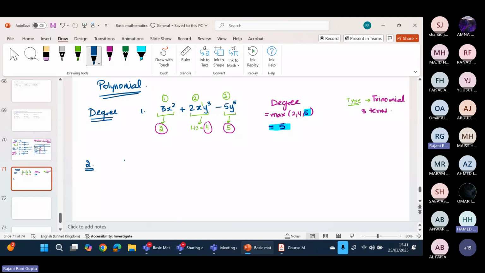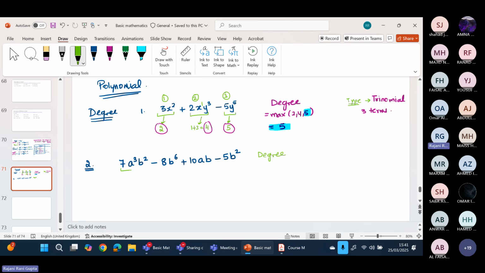Let me take another question. Say you have 7a cube b square minus 8b power 6 plus 10ab minus 5b square. I want to know the degree.